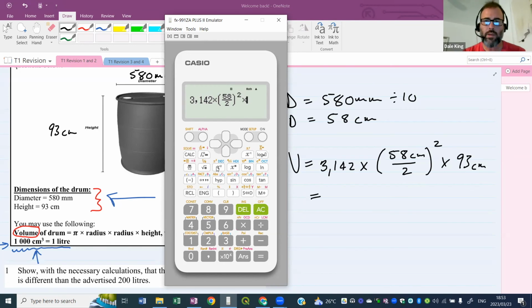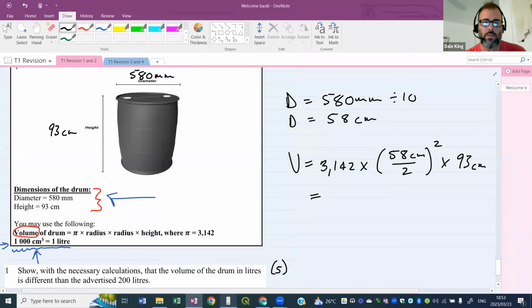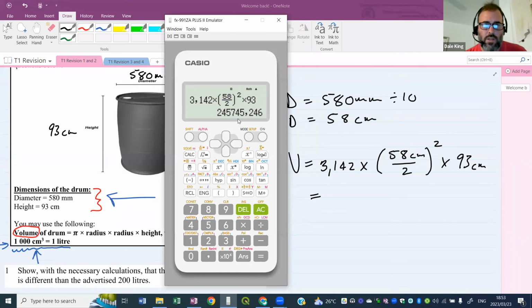And then times that by 93. Now, Teacher Dale likes to put all these little bits and pieces in one formula. If you want to do a small calculation first and then bring it into the formula, that's fine. If you want to work out the radius first before coming to the volume formula, that's fine. I'm showing all the little bits and pieces in one thing. Okay. All right, I'm ready to press equals. Yo, that is a big number. Let me read it again. 245,745.